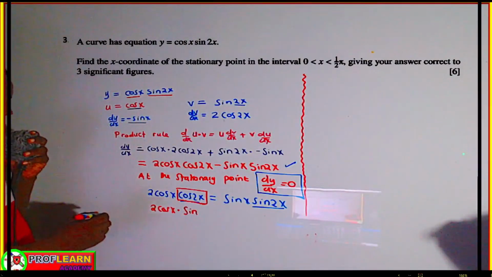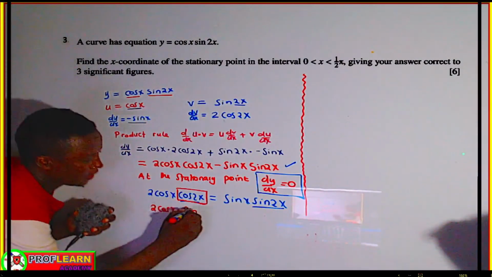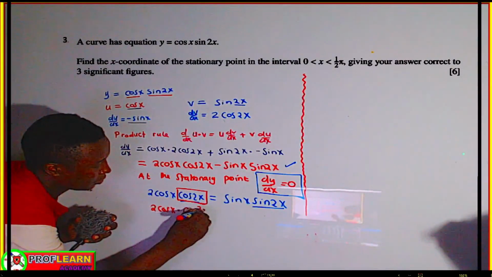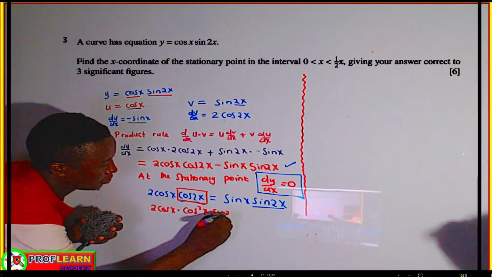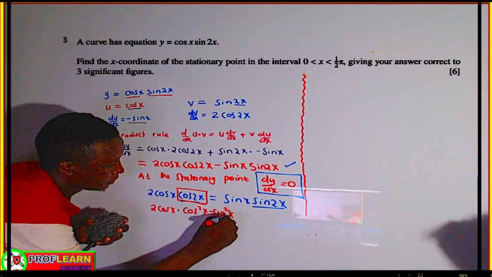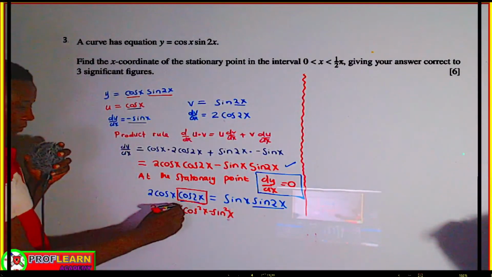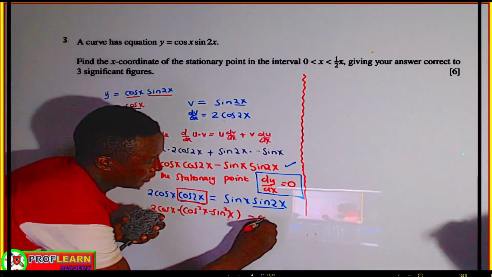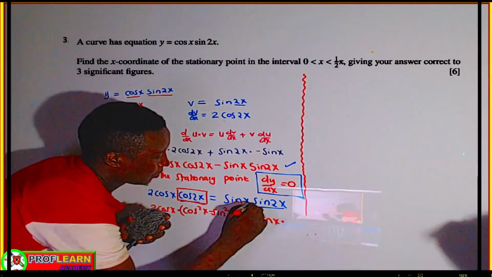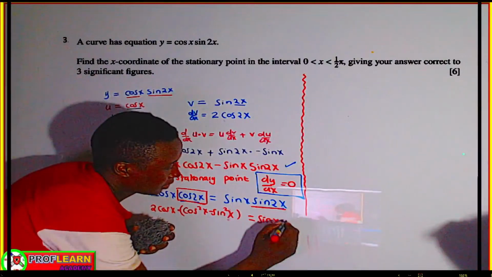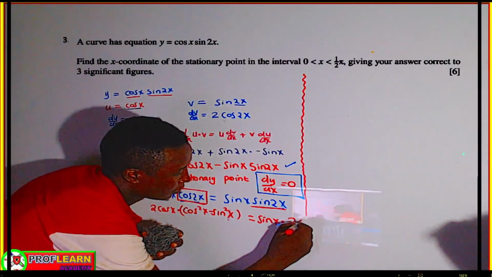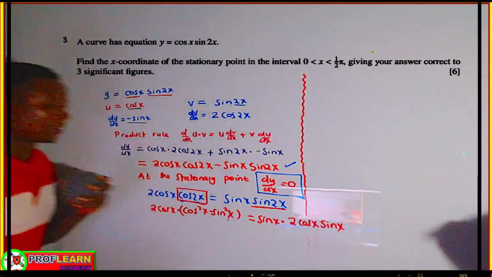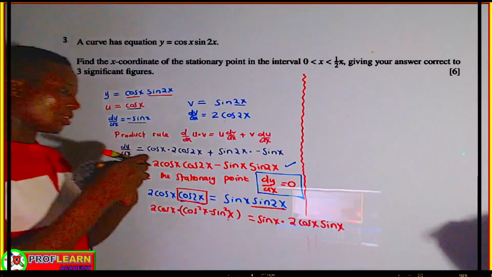We can write cos 2x as cos squared x minus sine squared x, and it is going to be equal to sine x, and this term that we have at this point can be written as 2 sin x cos x.